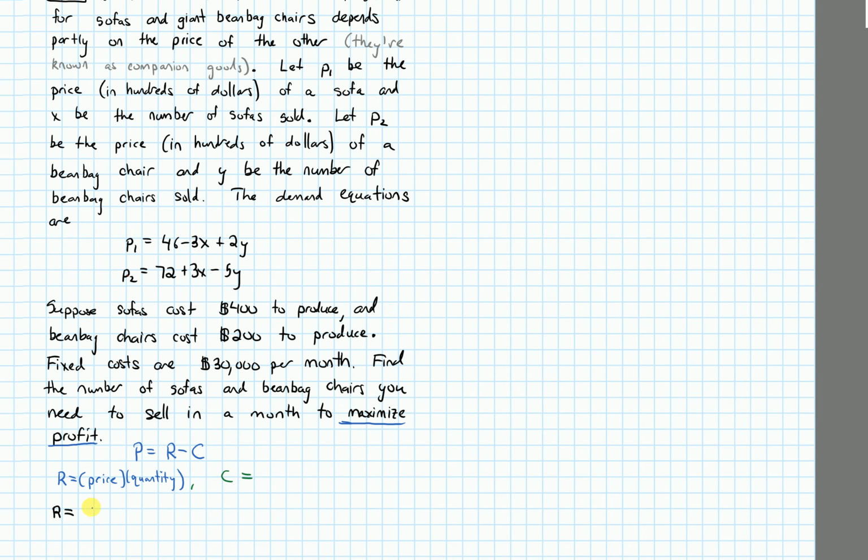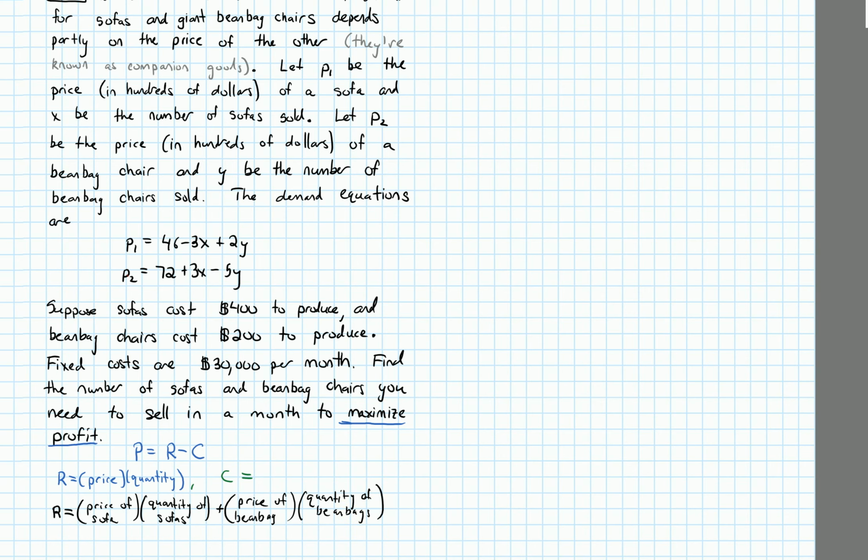So I'm going to need to know the price of a sofa times the quantity of sofas that are sold, and then add that to the price of a beanbag chair times the quantity of beanbags.